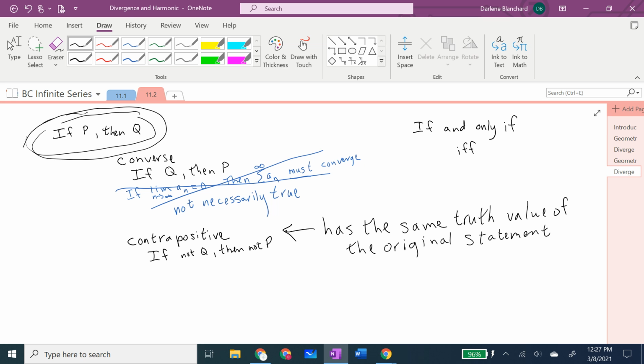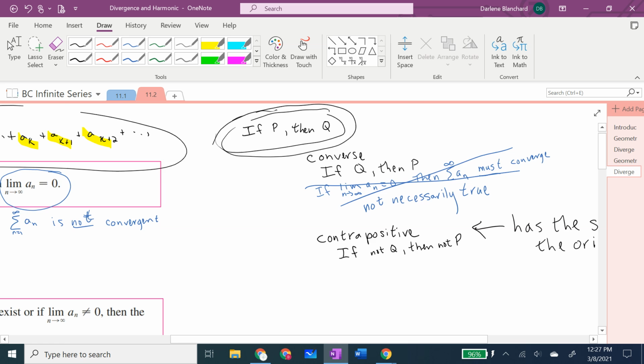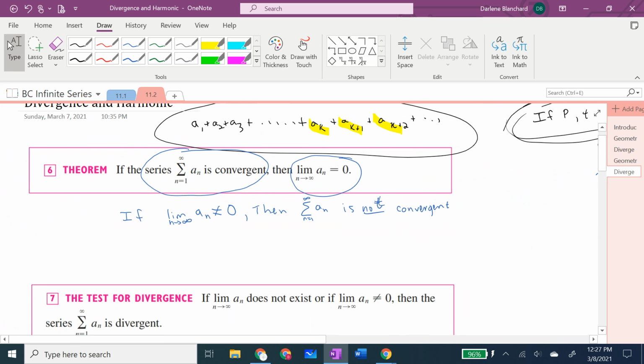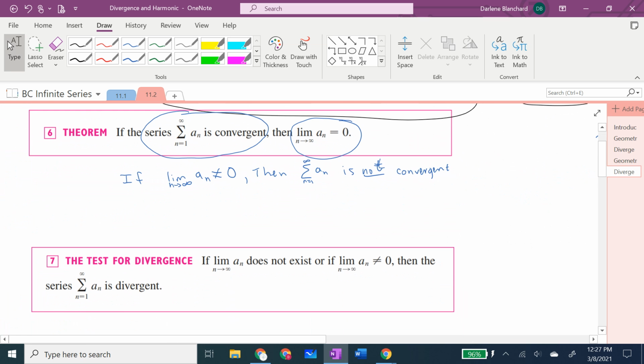There's a false statement. The contrapositive is also a false statement. So that's what I mean by the same truth value. What you need to know is the contrapositive of theorem 6 is theorem 7, and that is a second test that you now have under your belt.